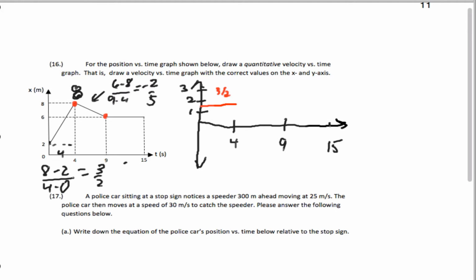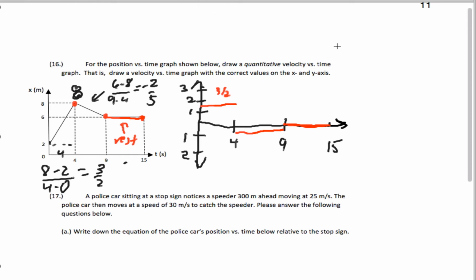So I need to actually draw that here. So 1, 2, and negative 2/5 is going to be from 4 to 9, not quite at 0. It's going to be right here, like that. And then from 9 to 15 seconds, I'm not moving, I'm at rest. So the way I label that from 9 to 15 is a nice flat line.